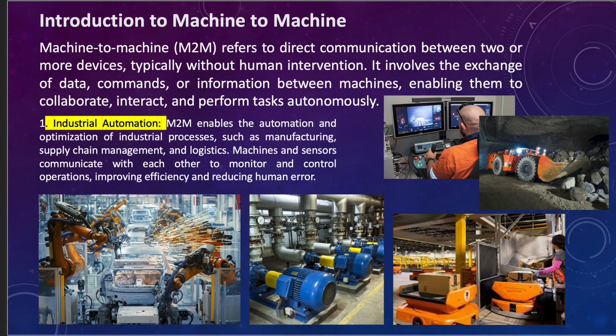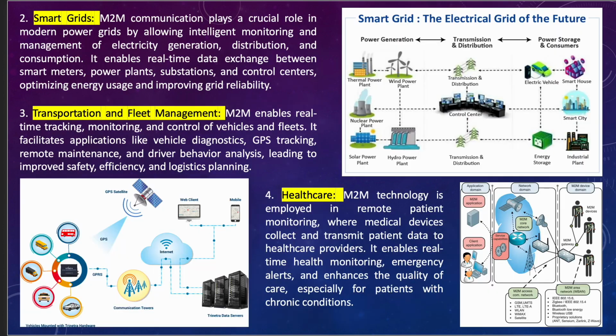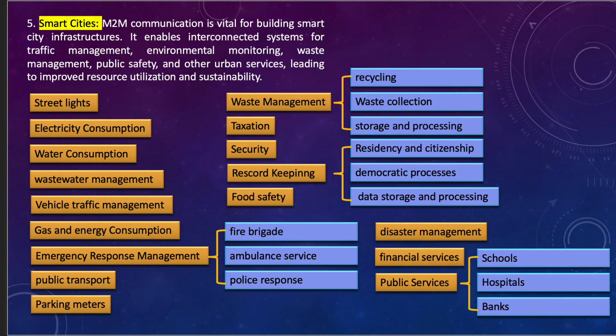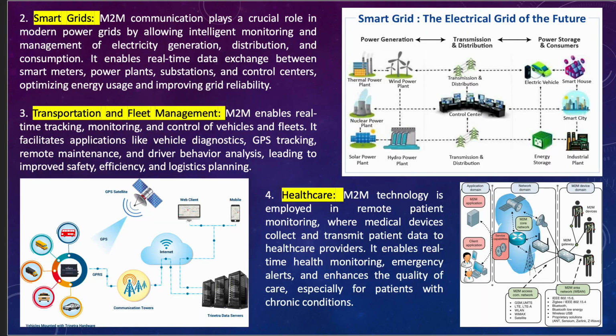We looked at those examples, and we looked at the industrial applications, the smart grid applications, transportation, logistics, healthcare, and smart cities. So a smart city is overall a combination of healthcare, smart grids, transportation, and so on and so forth.